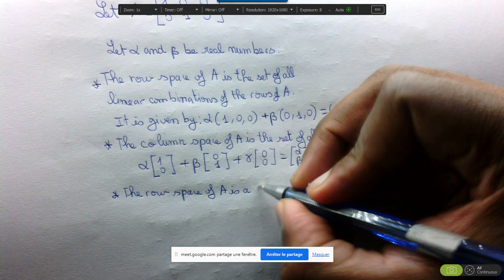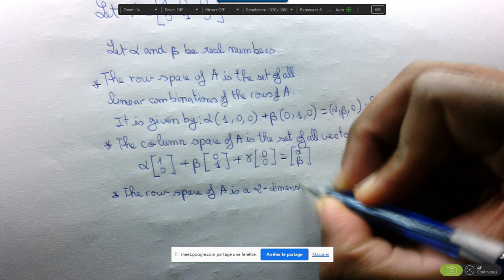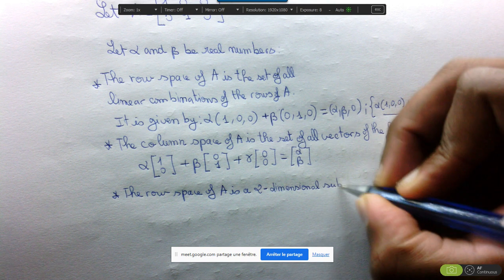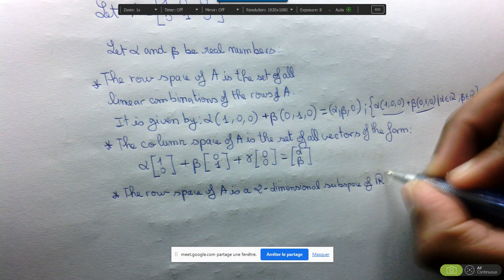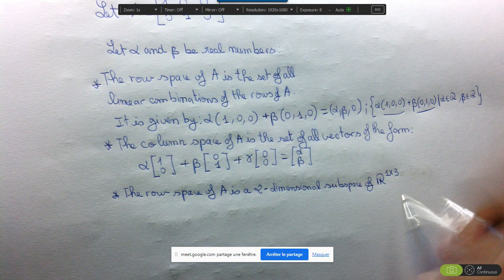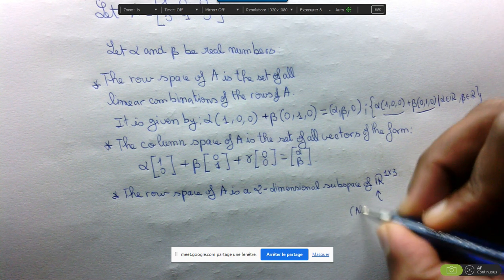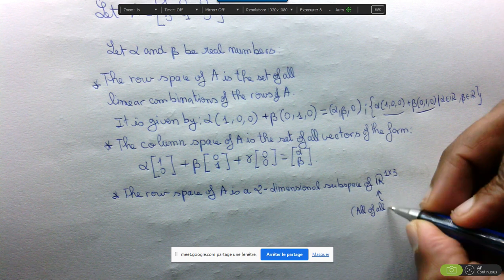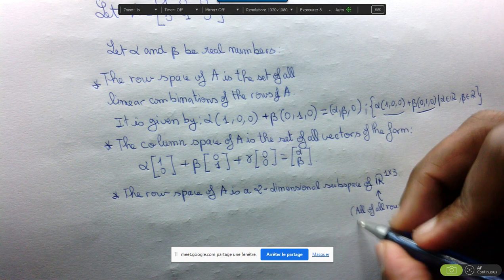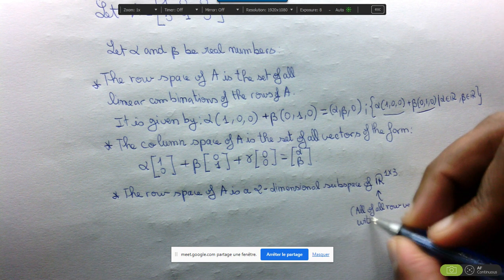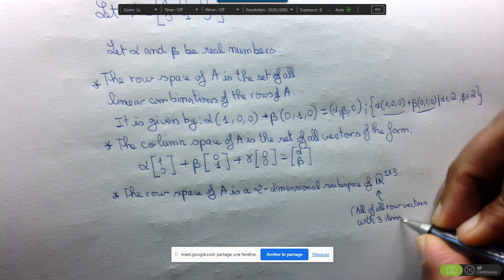It is a two-dimensional subspace of R^(1 by 3), which is the set of all row vectors with three elements, or three components.